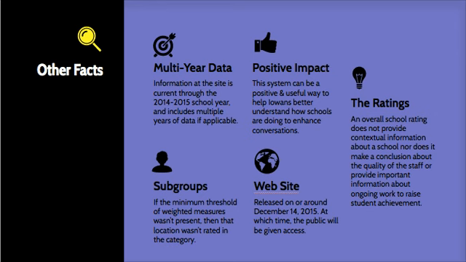Secondly, the information included can help schools to be the best they can be for the students, the parents, and the community. Relative to subgroups, to reduce the variability and decrease disclosure of personal information, each measure in the school report card required there to be at least 20 students with data in the years needed to calculate a score. The employee retention measure required at least 10 staff members in the base year to calculate a score.